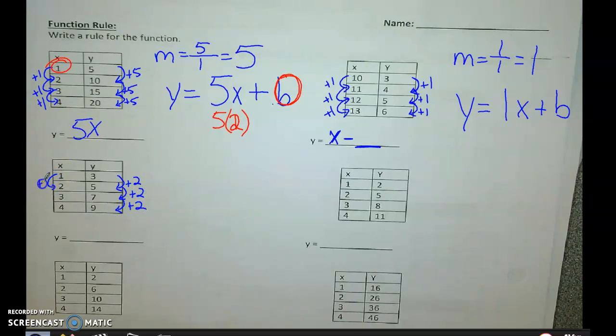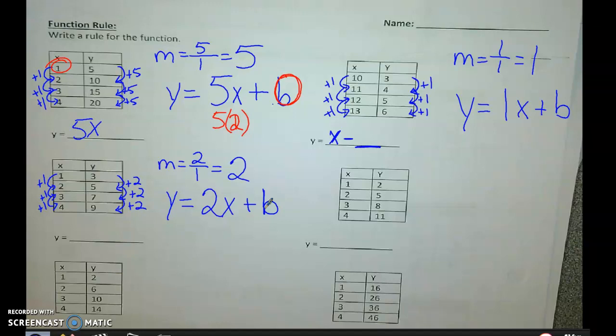Okay? Moving on. Change in y, plus 2, plus 2, plus 2, and then plus 1, plus 1, plus 1. So m equals 2 over 1, which equals 2. So thinking about our equation, y equals mx, m is 2, x, and then do we need a b? Let's substitute and figure it out. I'm going to take this 1 and substitute. 2 times 1 is 2, so how do I get from 2 to 3?